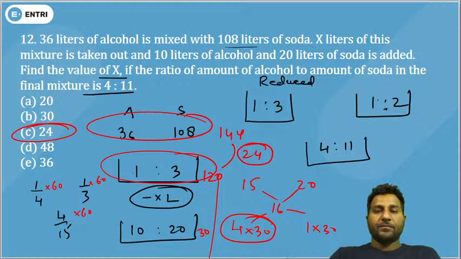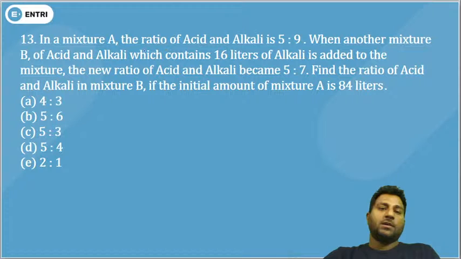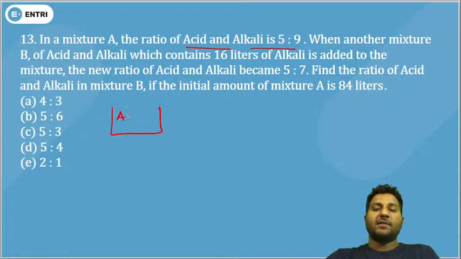Okay, next let's see who will solve this kind of question. In a mixture, the ratio of acid and alkali is 5:9.